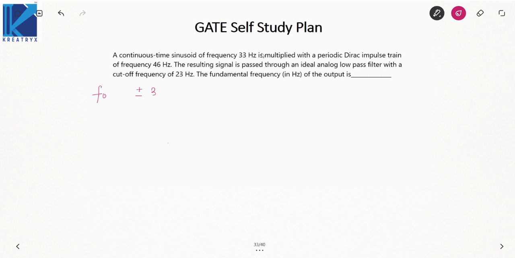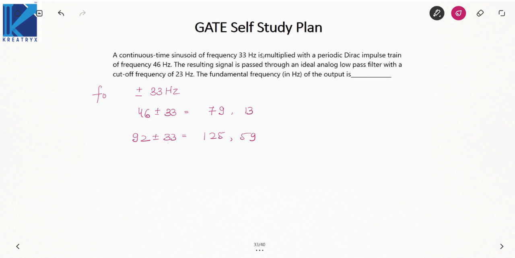Plus minus 33, then 46 plus minus 33, which is how much? It will be 79 and 13. Then 92 plus minus 33, how much? 125, and the second one would be 59.